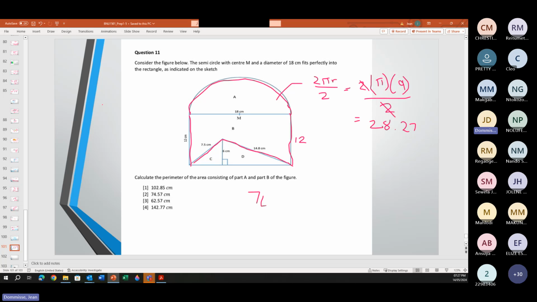I would have gotten 74.57. That's how I would have calculated this one. I would have said that's the perimeter of A, and that is the perimeter of B, so if I add those together I get 74.57.